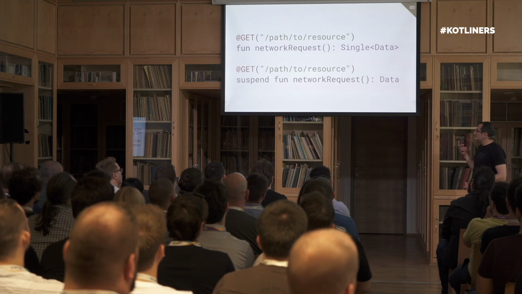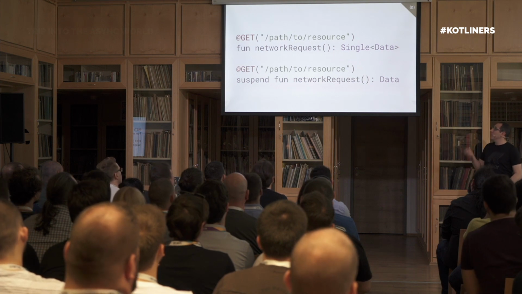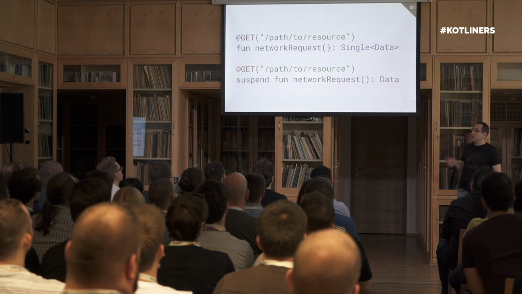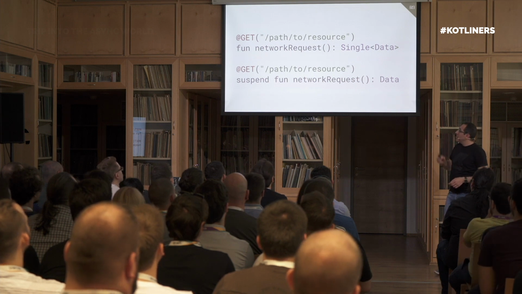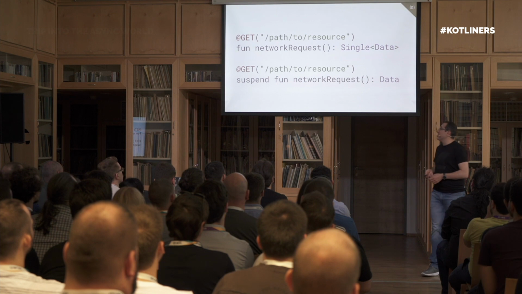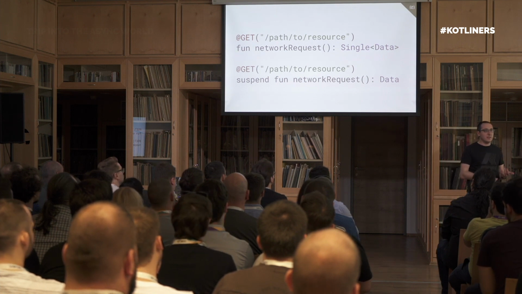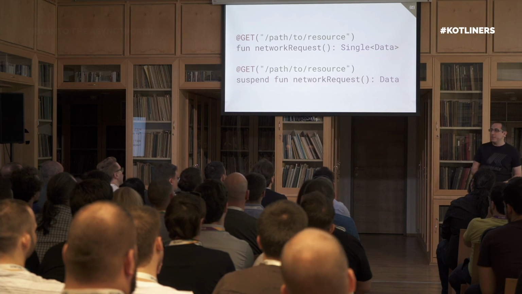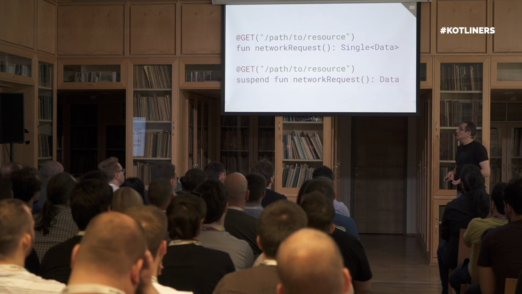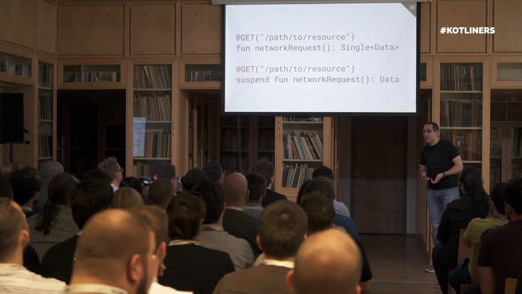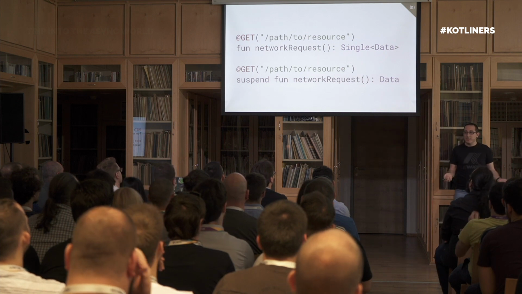Well, with coroutine support, we remove the Single, and also the generic, which is nice, and we just invoke the suspending method. So, for the interface we build, it is not that much work, right? We just need to change a word. So instead of Single, we use the suspend keyword, and that's it, right?